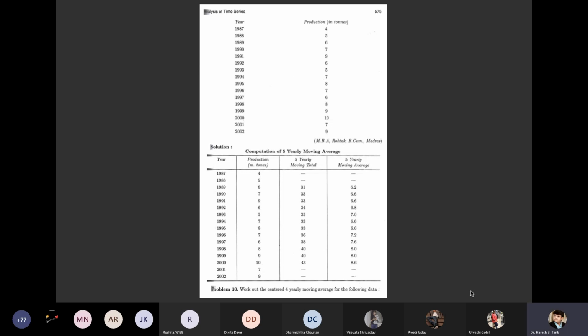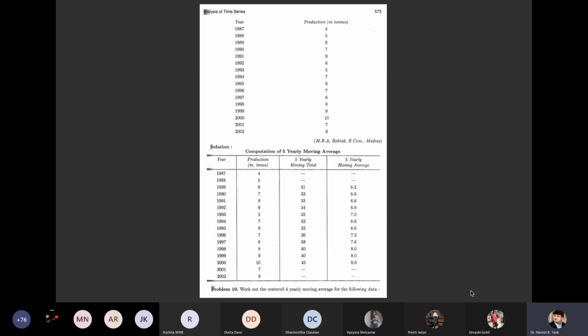What is the sum of 4, 5, 6, 7, 9? Is it 31? Are you getting it as 31? Yes, sir. Okay. Now skip the first one. Skip the first year. Again make a bunch of 5.